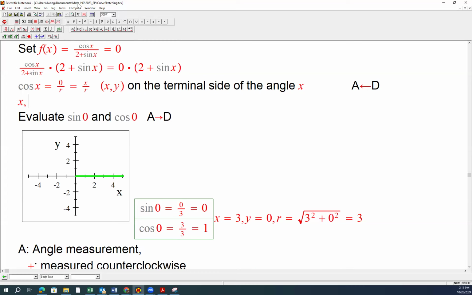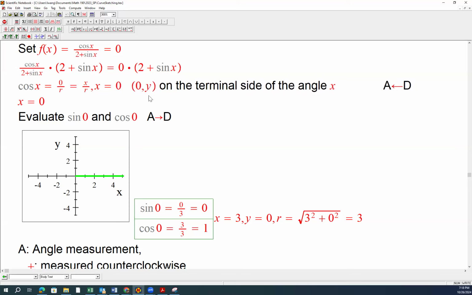So how does the point we pick look? It's 0 comma y, because x has to be 0.